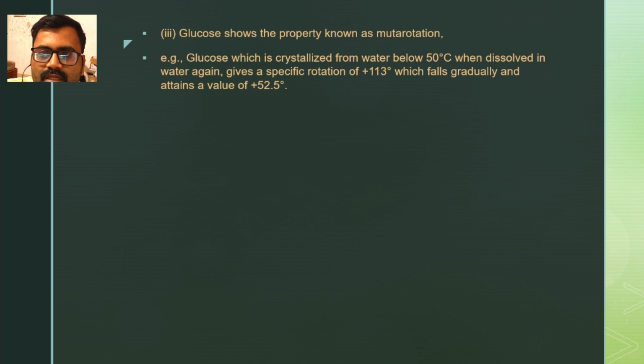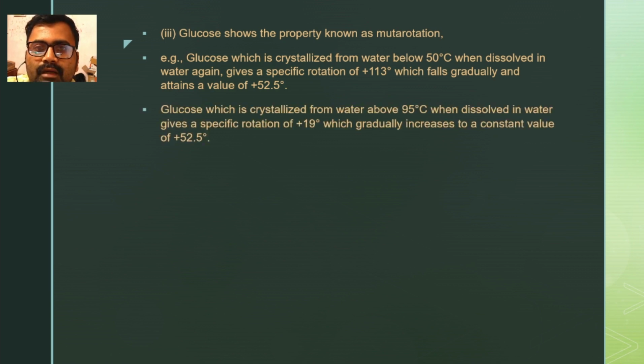When glucose is recrystallized from water below 50 degrees Celsius, and when again this is dissolved in water, and if you record the specific rotation of the glucose crystal, it is about plus 113 degrees, which falls gradually and attains the constant value of plus 52.5 degrees.